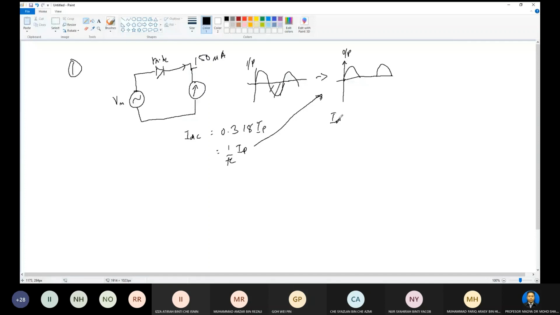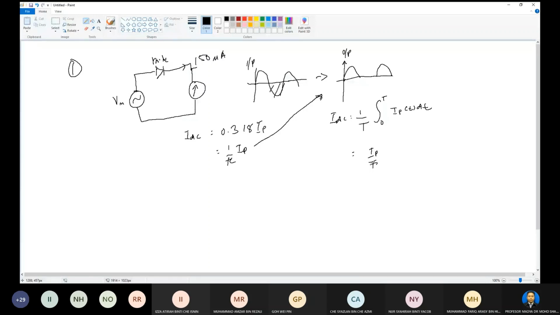For example, this is the derivation: 1/T, integration from 0 to T, IP sine wt dwt. From this one we derive, and in the end you get IP over pi.